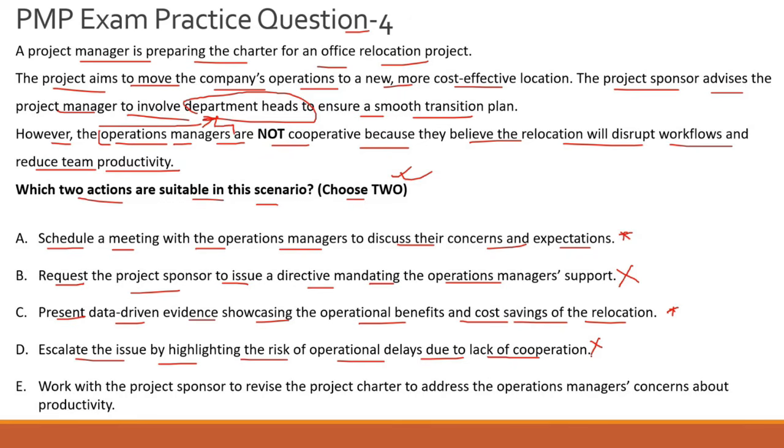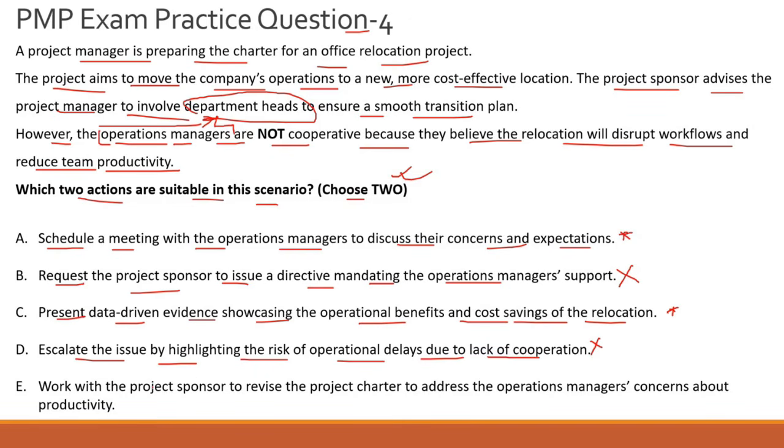Escalation means you are sending a signal to your leadership that this is not getting managed by you, that it's out of your hands, and you are asking your bosses to manage the situation. So generally escalation options are incorrect unless there is some serious concern, let's say legal, quality or compliance, where escalation might make sense. However, here of course escalation is not the first path of choice.